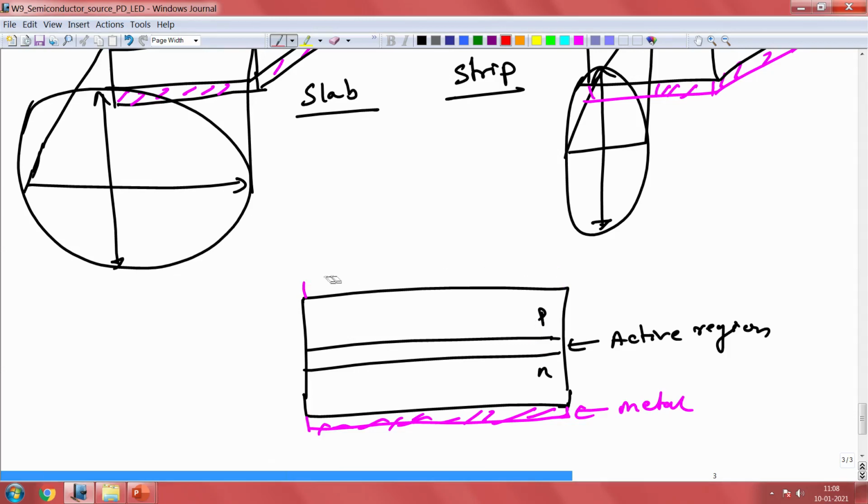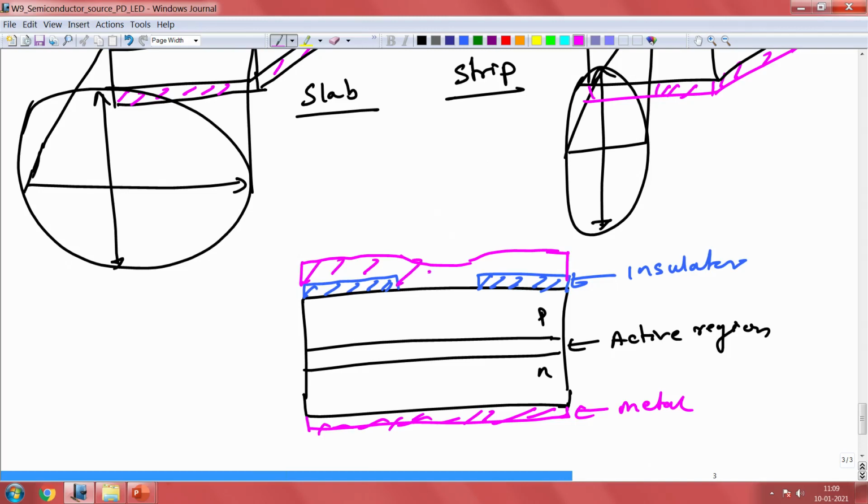Instead of having this full slab injection, we can create an insulator here. So we can create an insulating region. This is an insulator. We put an insulator, and on top of the insulator we can put a metal here.